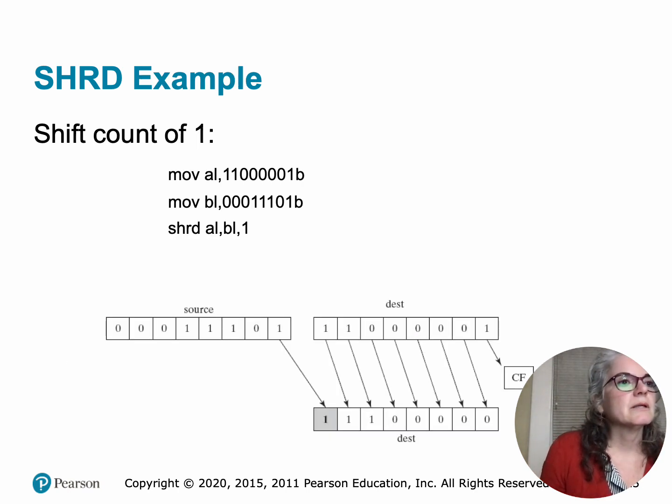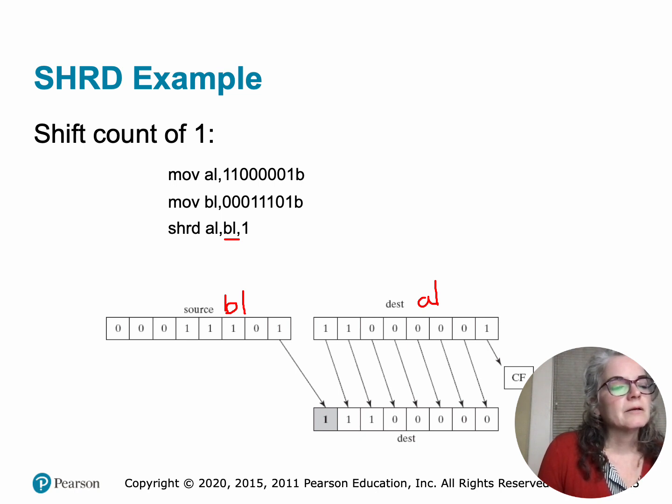So it looks like this. Your source, which is this BL here. Destination is AL. So this time you're going to put source on the left. Source was on the right before. Now source is on the left.